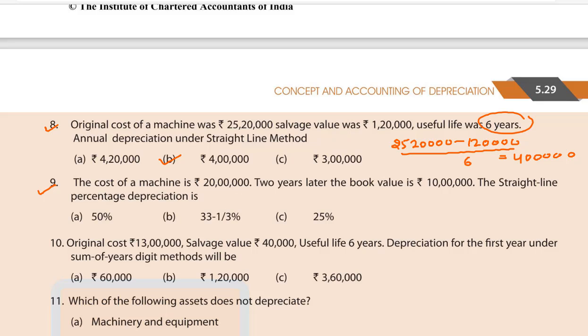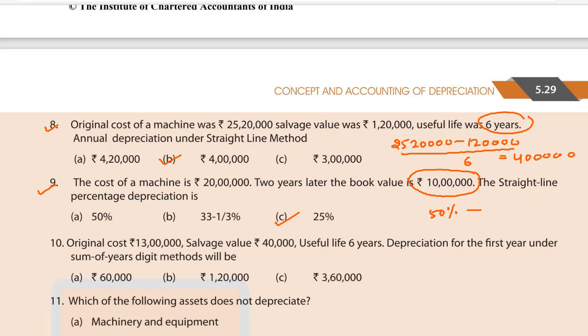Question 9. The cost of machine is 20 lakhs. 2 years later, the book value is 10 lakhs. The straight line percentage of depreciation, if you see, for 2 years, after 2 years the book value is 50%.